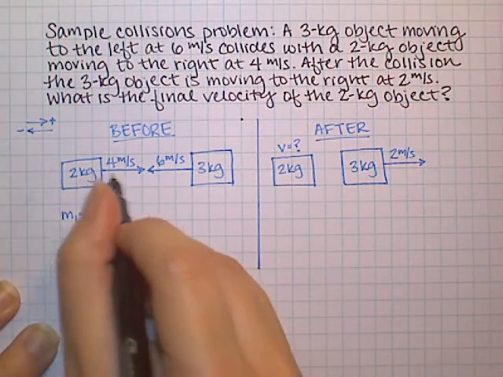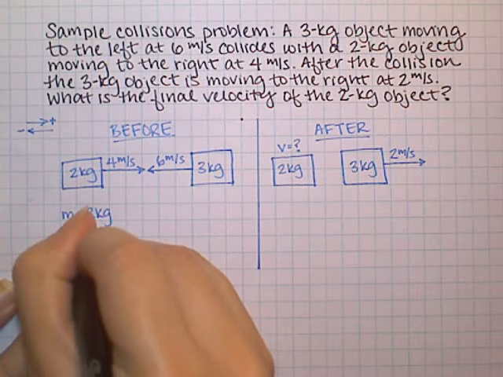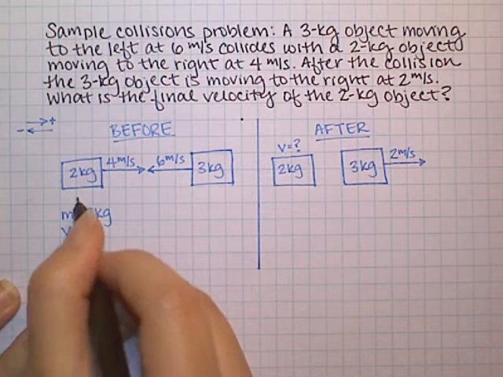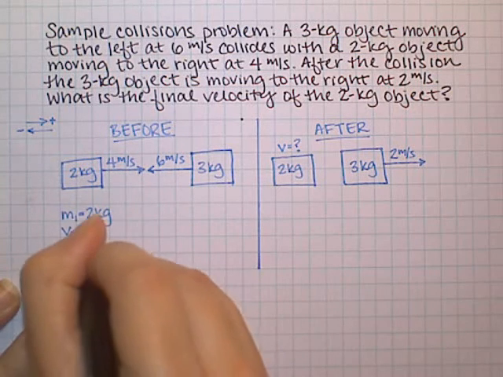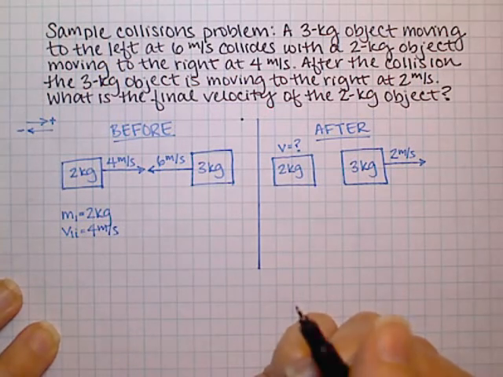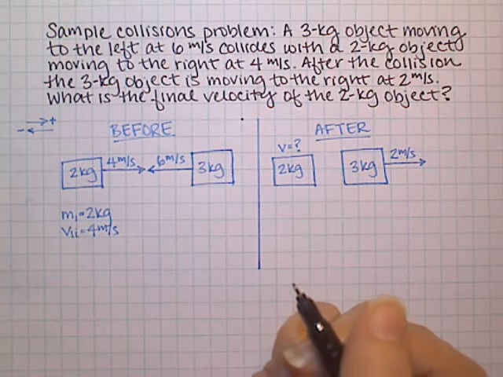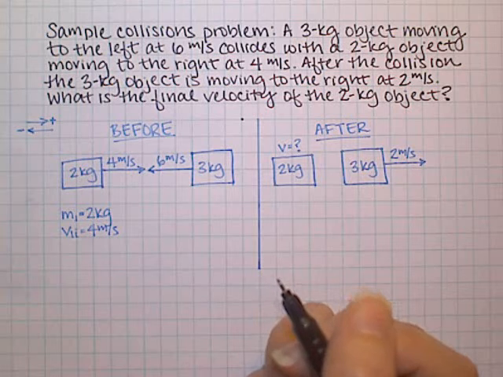And it's moving at 4 meters per second to the right, which is my positive direction. So I'll say v1i, 1 being that this is the velocity of object 1, i being that it's its initial velocity, is 4 meters per second.